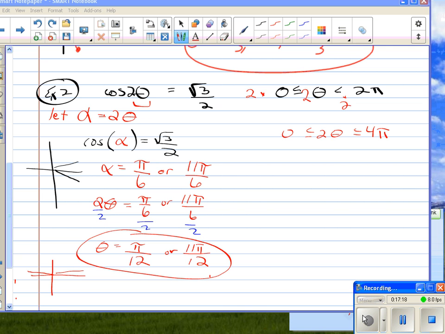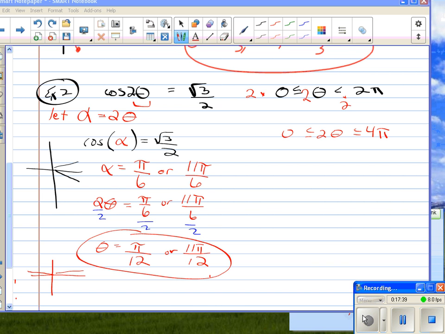Now let me get a common denominator. So 2 pi is what over 6? How can I write 2 pi as something over 6? 12 pi over 6, right?